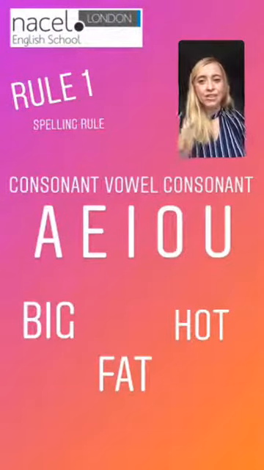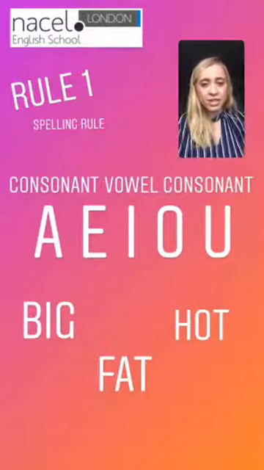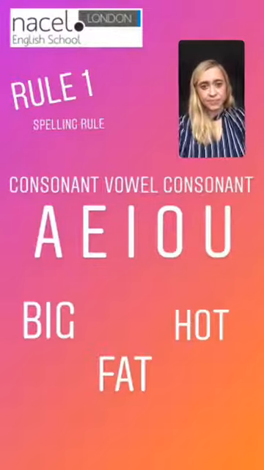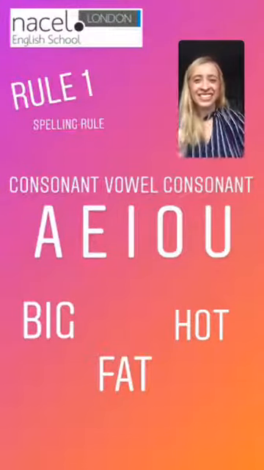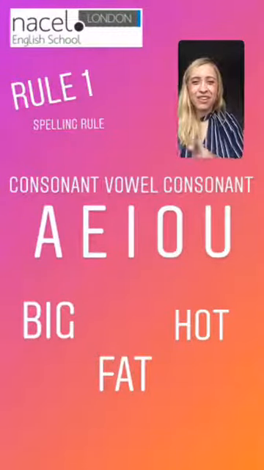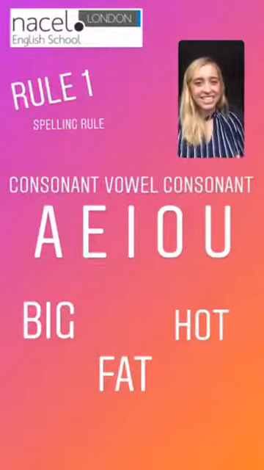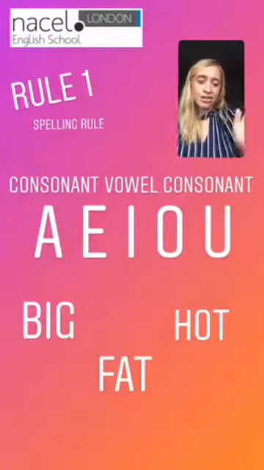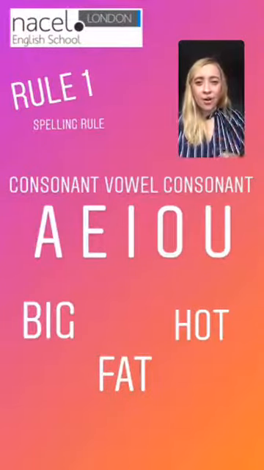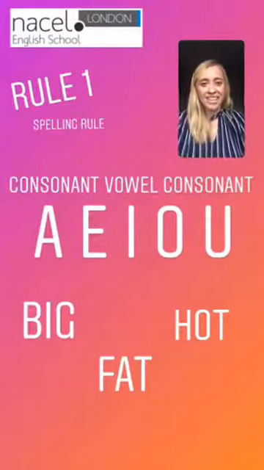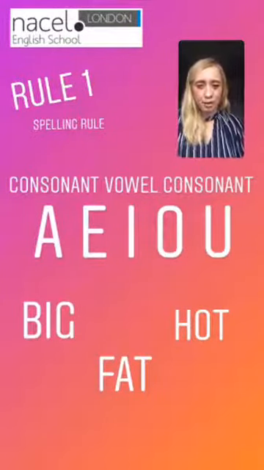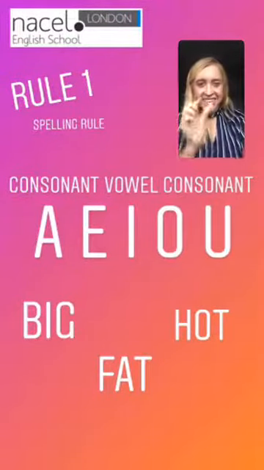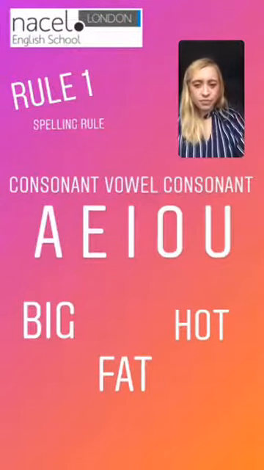So we have the example of big. Big is consonant, vowel, I is a vowel, consonant. Hot, the same, consonant, vowel, consonant. O is your vowel. And for fat, consonant, vowel, consonant. A is your vowel. So for these, as I said, it's a little different.